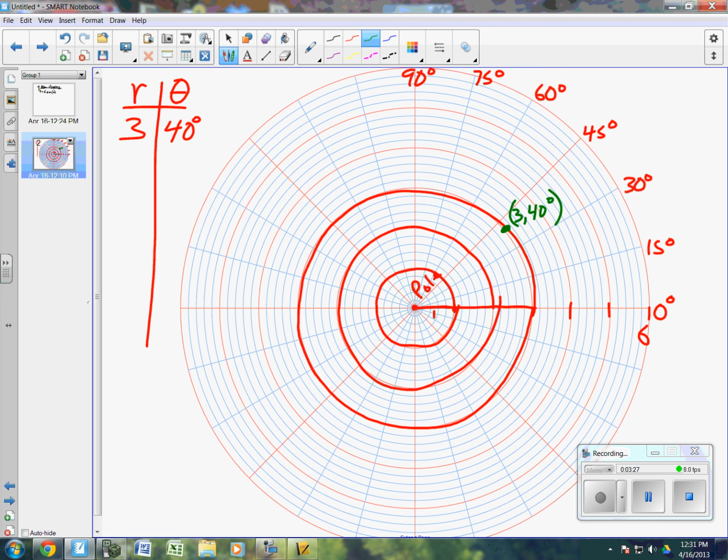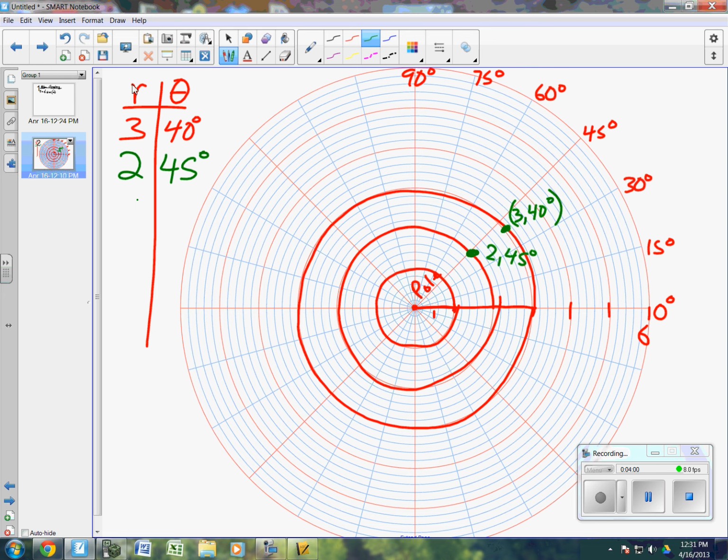Let's graph this point right here: 2, 45 degrees. But you can know about where it is, can't you? So 2, 45 degrees would be right here. See, it's not hard, is it?